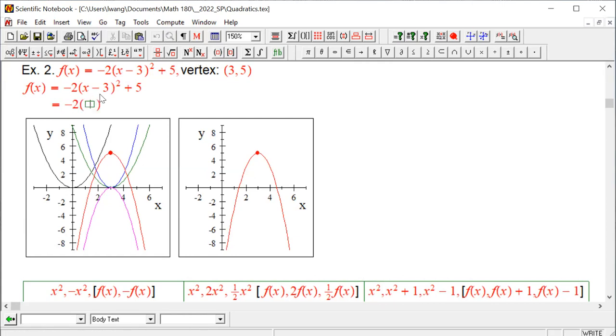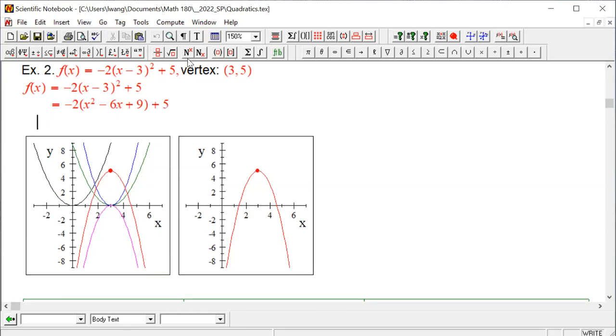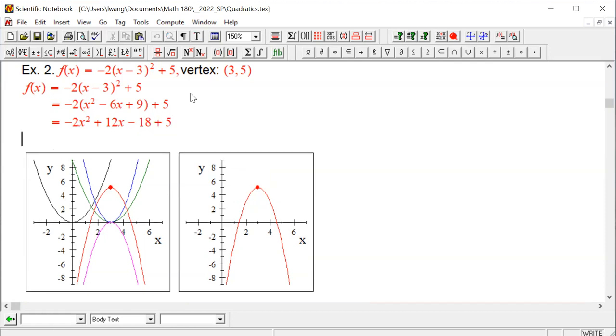So x minus 3 squared is x squared minus 6x plus 9, and then plus 5. Then we have -2, multiplied by everything inside the parentheses. So I have -2x squared plus 12x minus 18 plus 5.